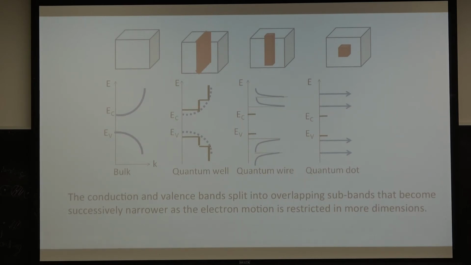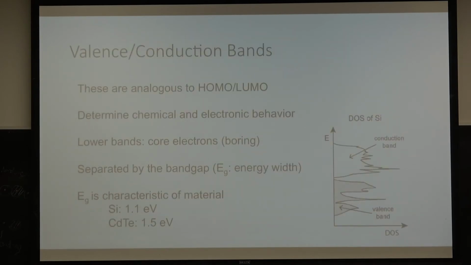Because the electron can no longer move in these different dimensions. In a bulk situation, you can have an infinite number of states because the electron and hole, so let's come back to this. We need to build on this some more before we start to do these. Let's continue on with valence and conduction bands before we move to the nano part of it.